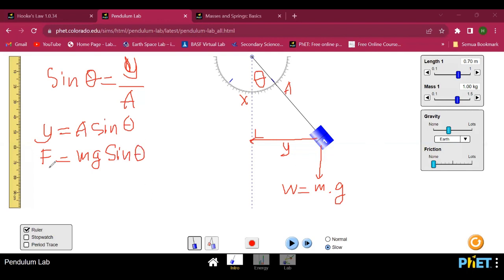So this is the formula of restoring force when you calculate the restoring force of a pendulum.